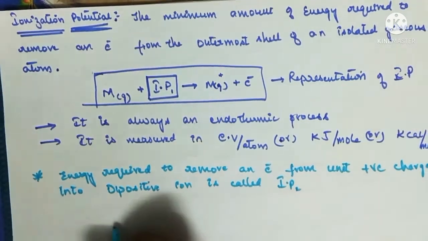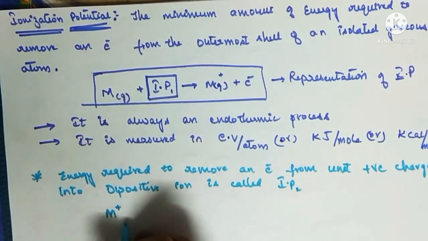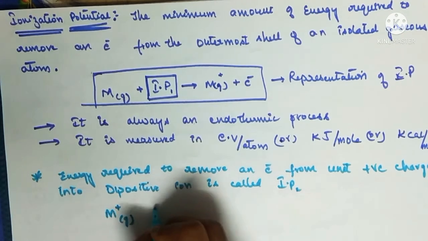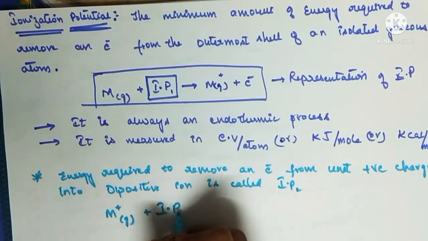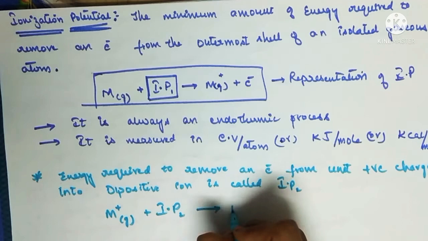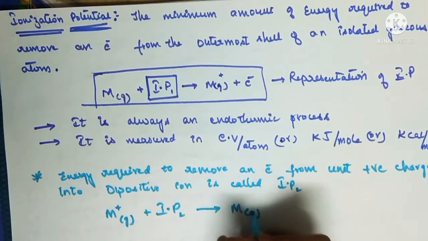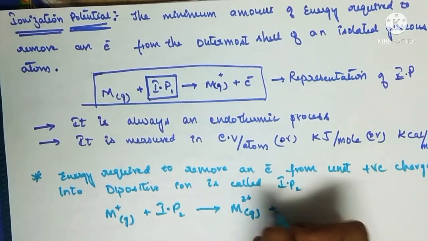So we can represent it as M+ + IP2 gives rise to M2+ + electron.